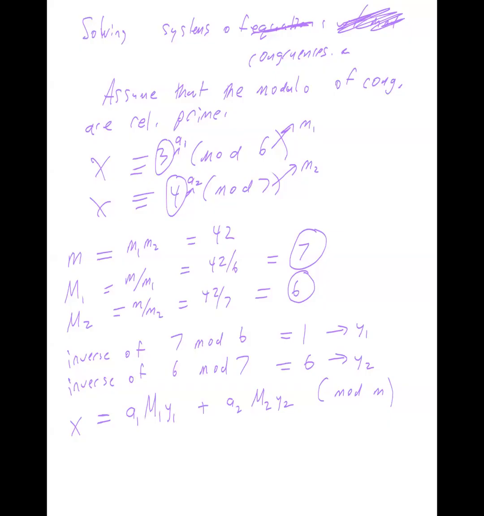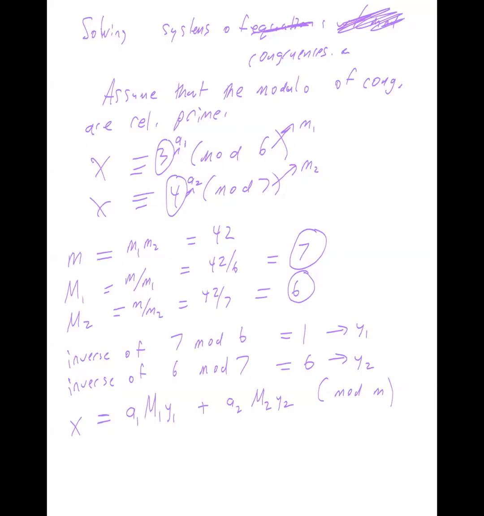So when you take A1 M1 Y1 and plug it into this first equation, M1 Y1 modulo 6 is going to equal 1. So you're going to have 1 times A1. Therefore, X is going to be congruent to A1. So basically, X will equal A1 after you divide by 6. When you calculate the remainder of it, you're just going to get A1. So it's going to solve this equation.